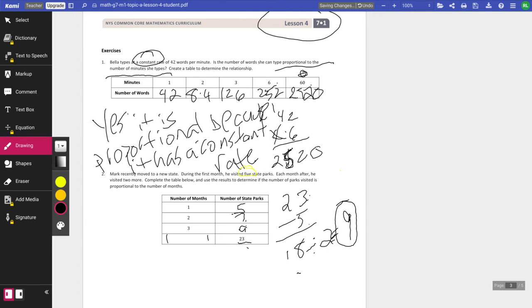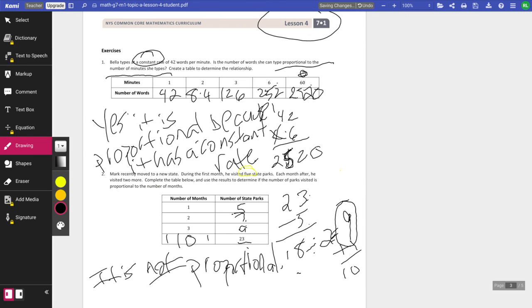I had to add 1 more that first month. So it's 1 to get me to 10 months. So it takes him 10 months to visit 23 state parks, and it is not proportional.